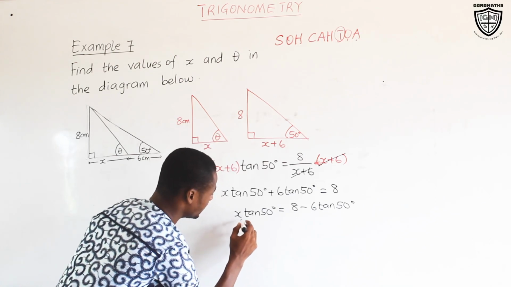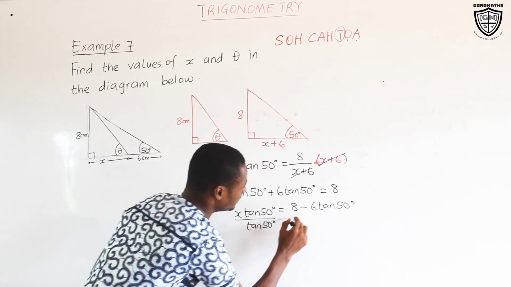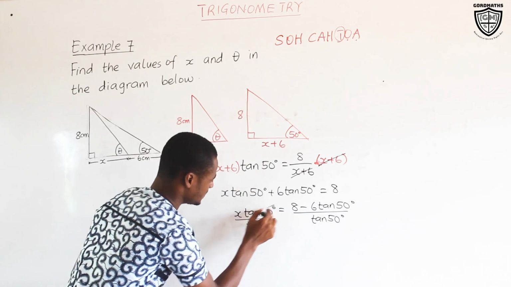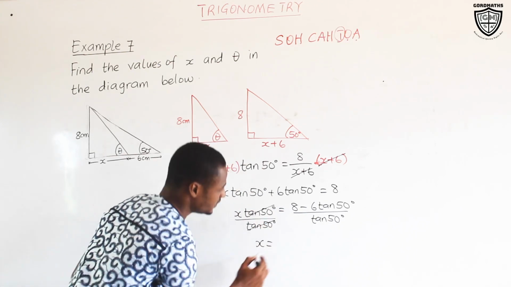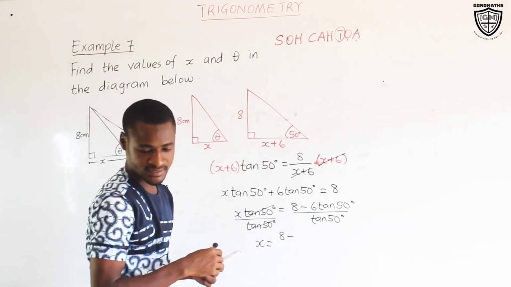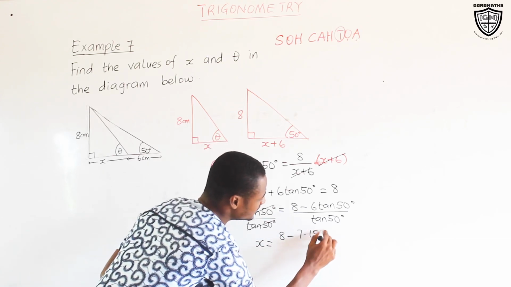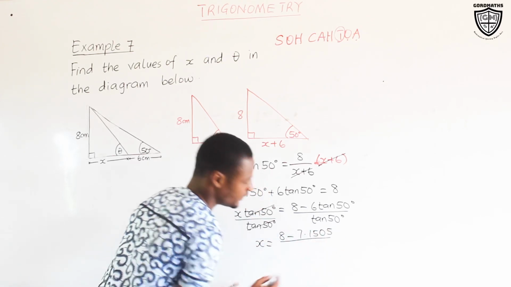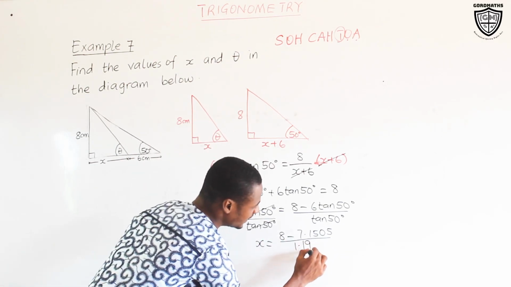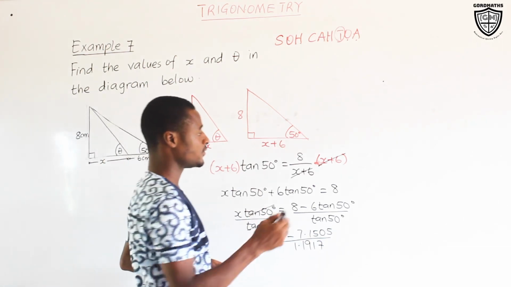So we can divide through by tan 50 so that x stands alone, and x will be equal to 8 minus 6 tan 50 gives us 7.1505 all over tan 50 also gives us 1.1917.